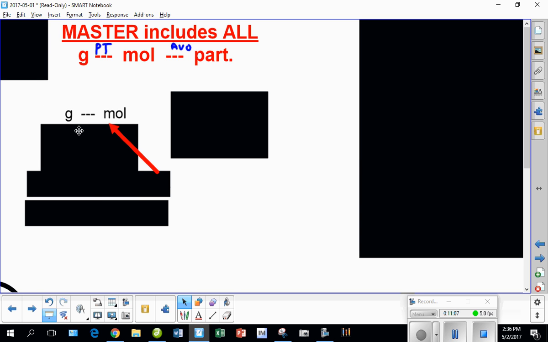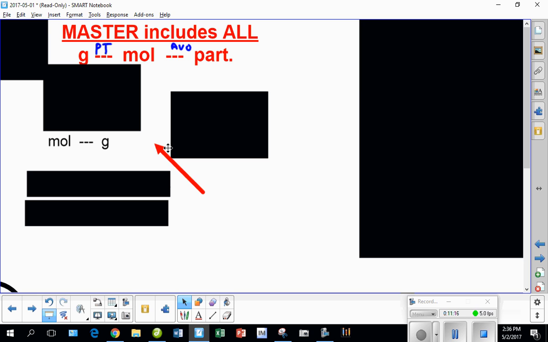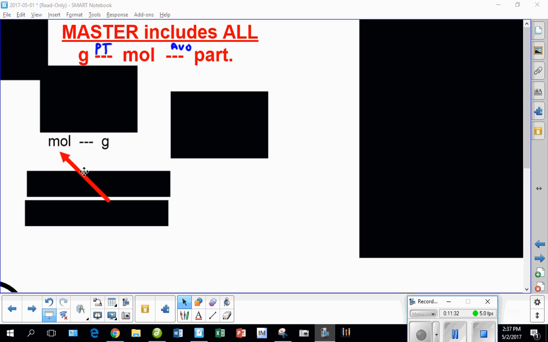If you've copied that down, you've got part of the puzzle to show you all of the possible problems you could have tomorrow. Now, on this one, we're going to start with moles. Michael, if I'm starting with moles, what has to be on the bottom of the next fraction so that I can get grams? 1 mole.